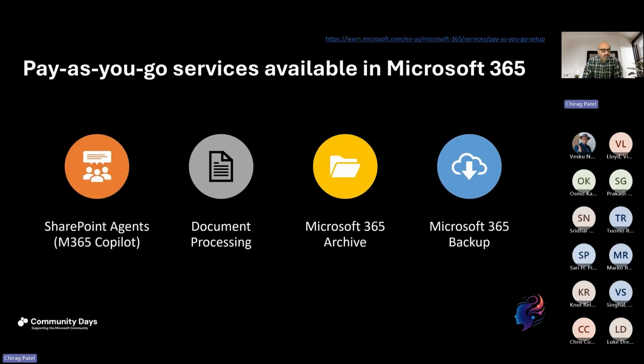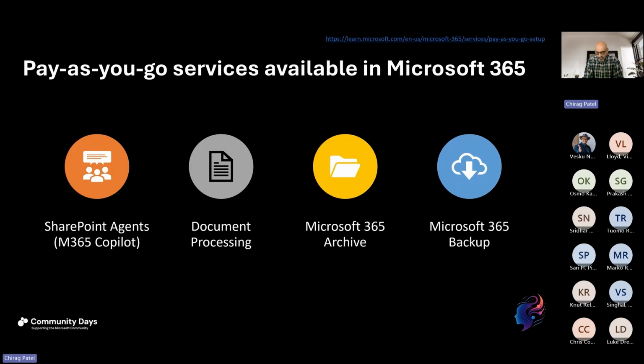And then I've just got a couple of slides to mention pay-as-you-go services, as I mentioned just then. So in order to make this work in your Microsoft 365 environment, the major capability you have is, of course, the SharePoint agents. And if you've got the Microsoft 365 Copilot license, then you're already well ahead to start building and using your SharePoint agents.